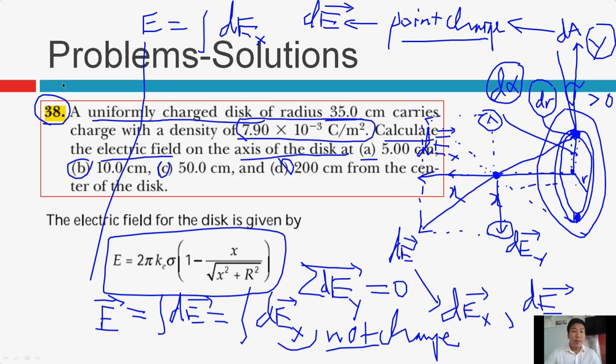The first thing you need to do is find the angle here. I call this angle theta. And how to calculate dEx? dEx equals dE.